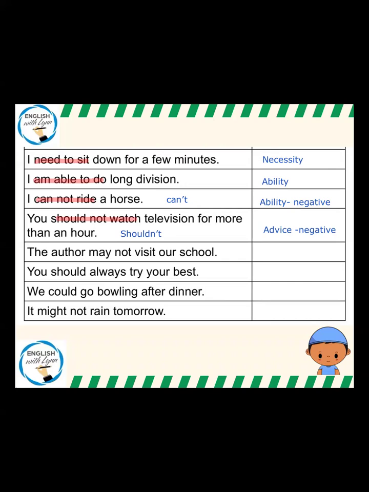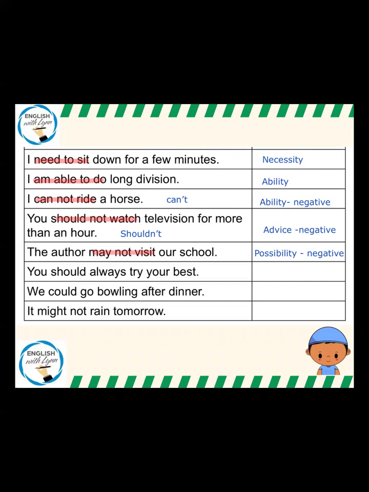We're using it as a possibility rather than permission, because remember, may could be permission. It's also the possibility. Because we've said the author may not visit, this is the possibility of them visiting, but it's used as a negative. With may not, you tend not to use it as a contraction, because it just sounds a bit weird when you write it as a contraction.